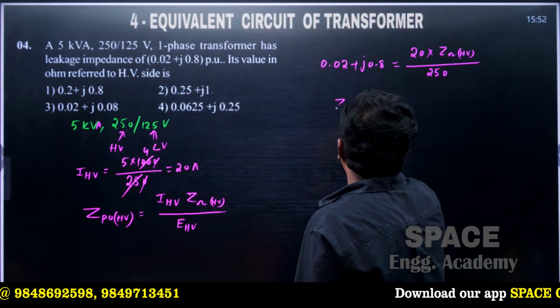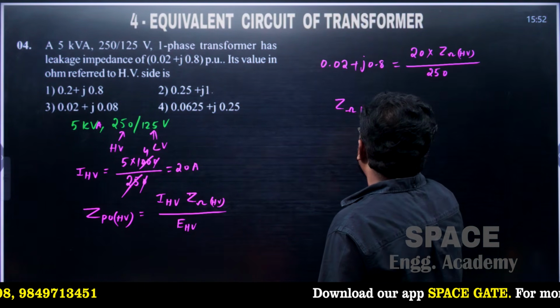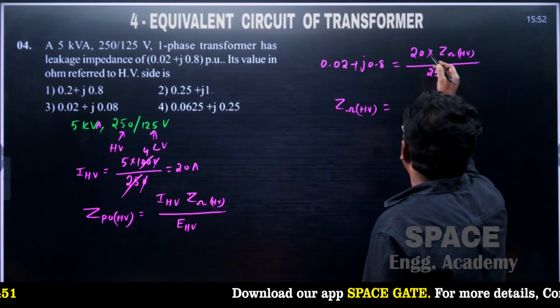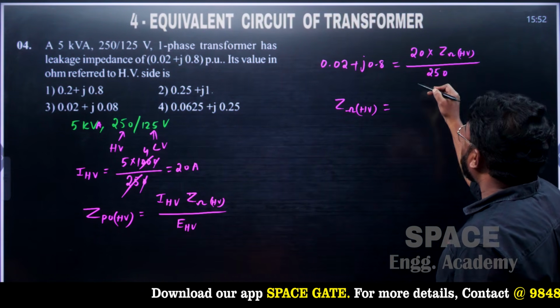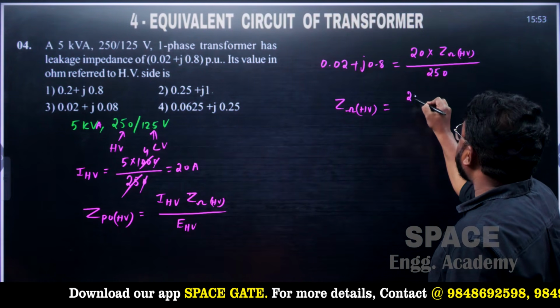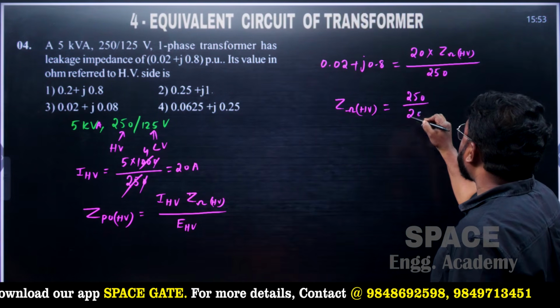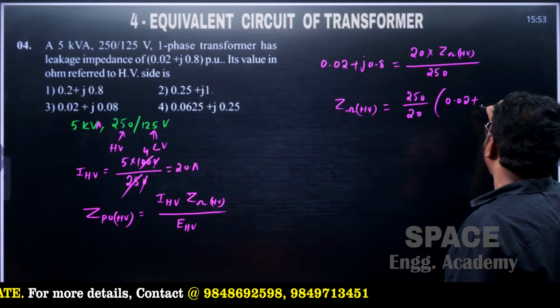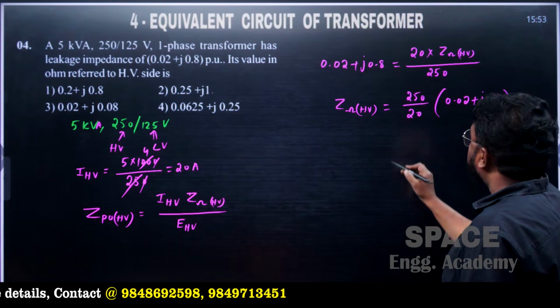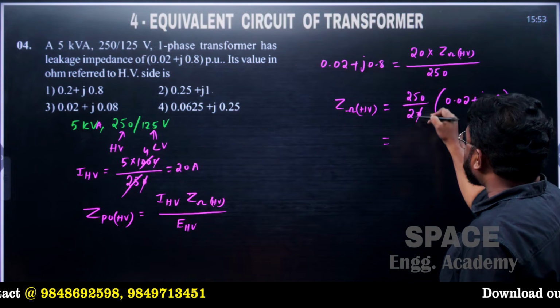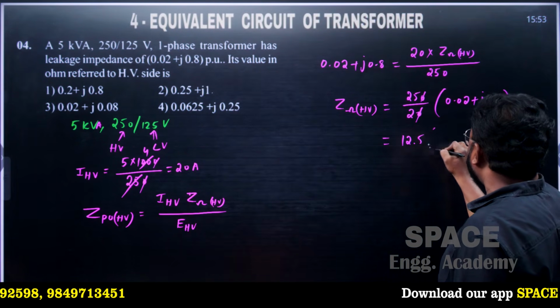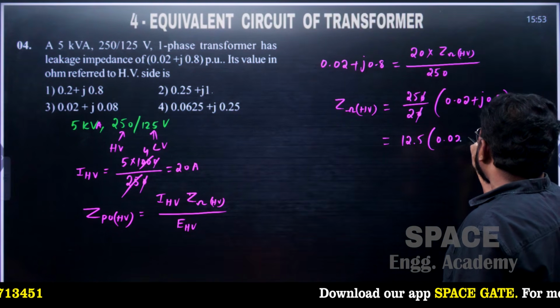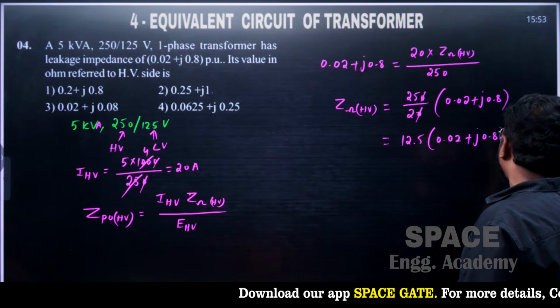Therefore Z ohmic value referred to the HV side is equal to 250 divided by 20, times 0.02 plus j 0.8. Simplifying, the zero cancels, giving 12.5 into 0.02 plus j 0.8.